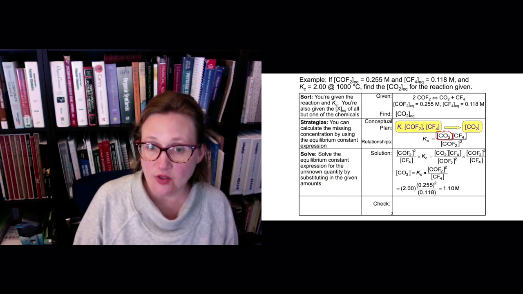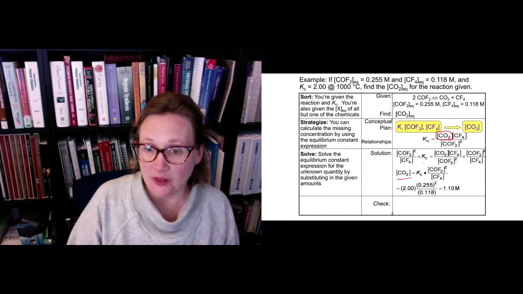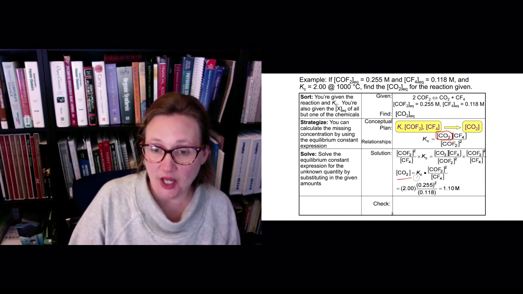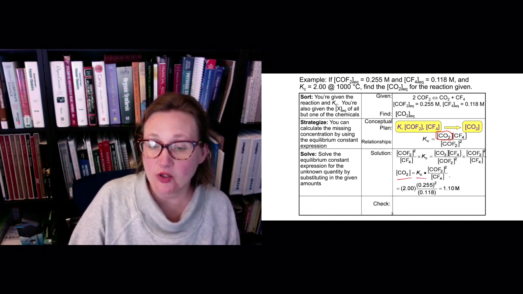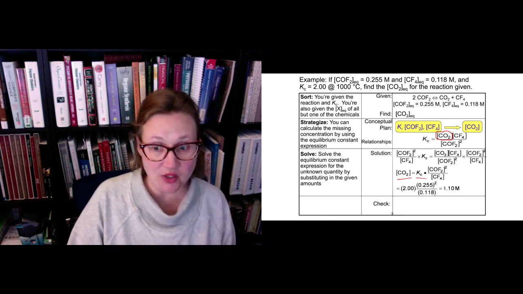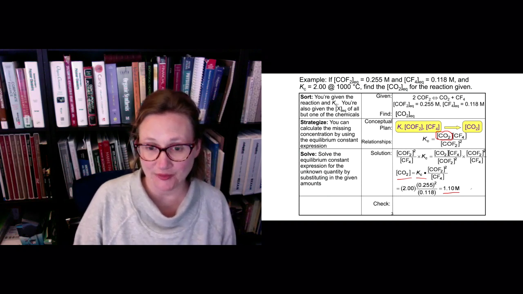First, let's rearrange this equation to solve for CO2: CO2 is equal to Kc times COF2 squared over CF4. We put in our numbers, and we come up with 1.1 molar.